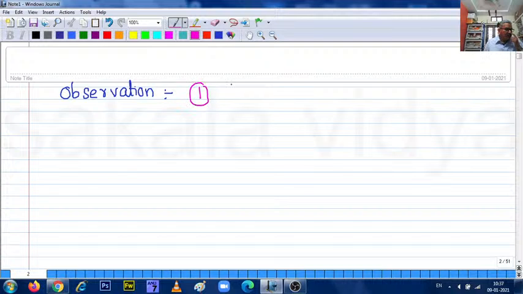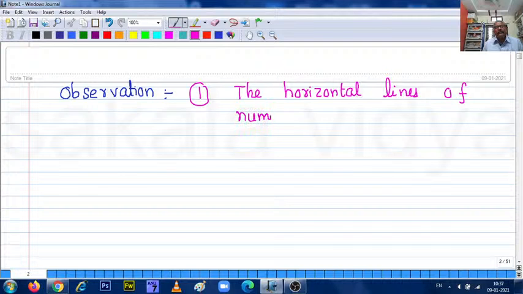First observation: the horizontal lines of numbers are called rows.